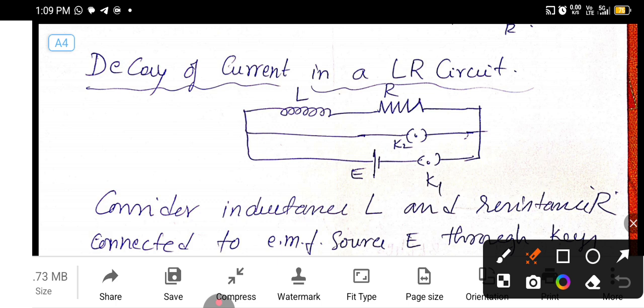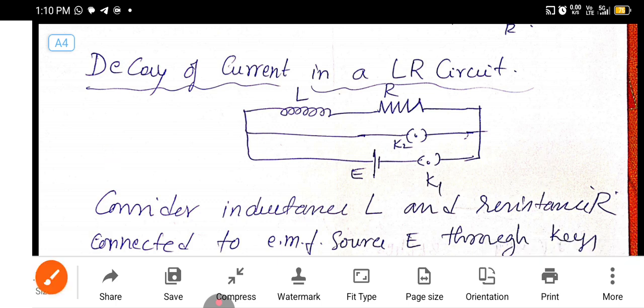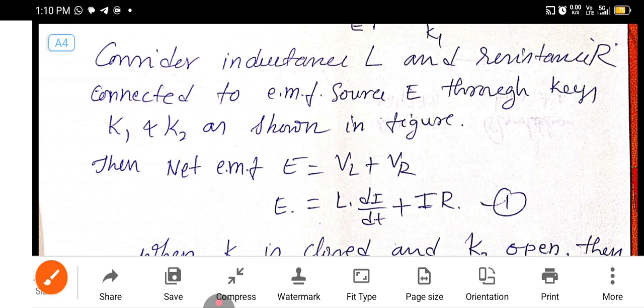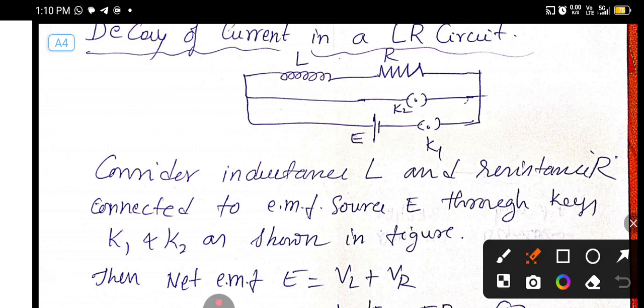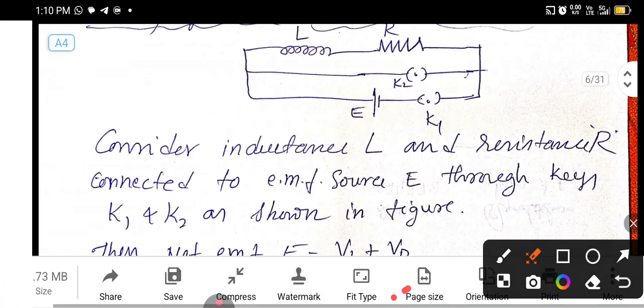When EMF is applied, the voltage across the inductance and the voltage across the resistance sum to the total applied voltage, that is E equals VL plus VR, where VL is the voltage across the inductance and VR is the voltage across the resistance.